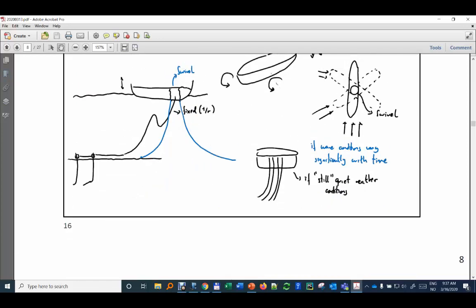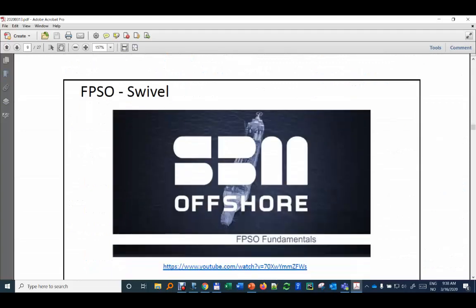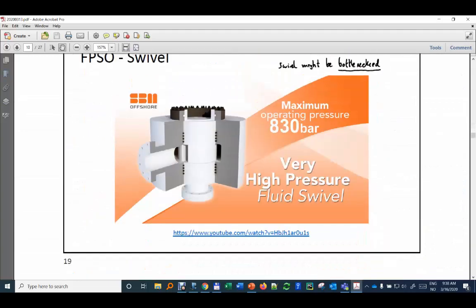However, if the weather conditions are still and you don't have much variation, then you don't have to use a swivel, and you simply bring up the risers on the side of the vessel without any need for a swivel. We saw some videos of how it looks, and what we mentioned was that swivels can be bottlenecks because they are sized for a particular rate, for example a liquid rate, and if you have too much water coming in, then you are restricted in the amount of fluid you can circulate.